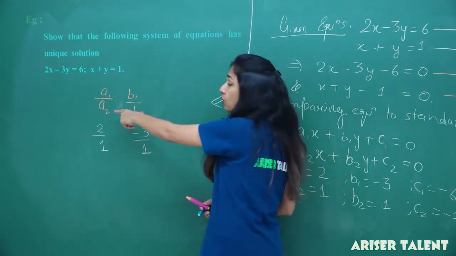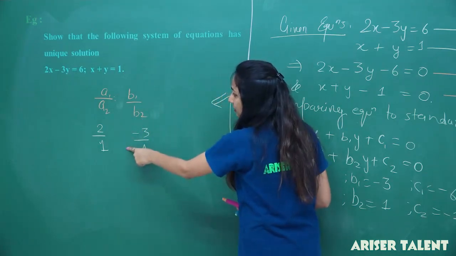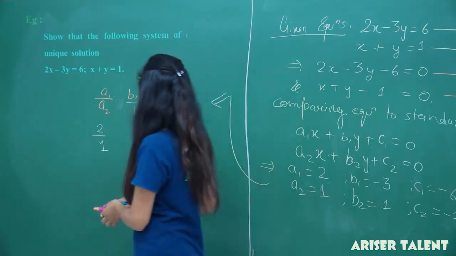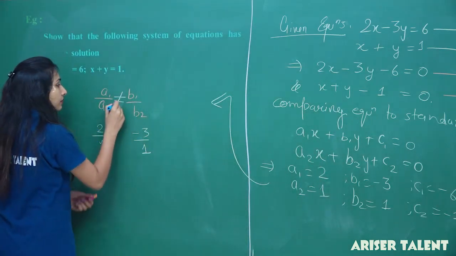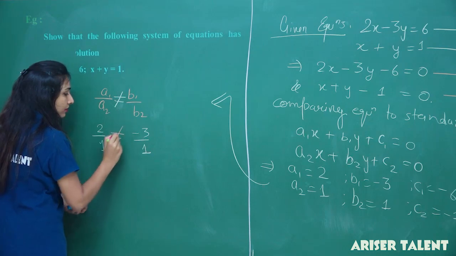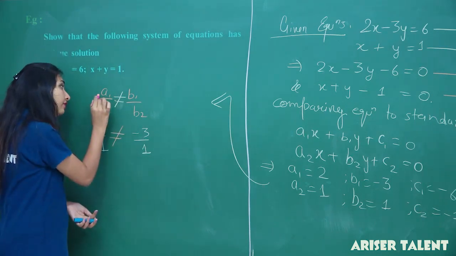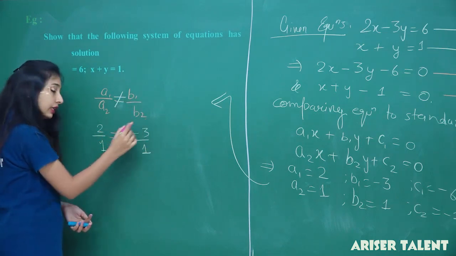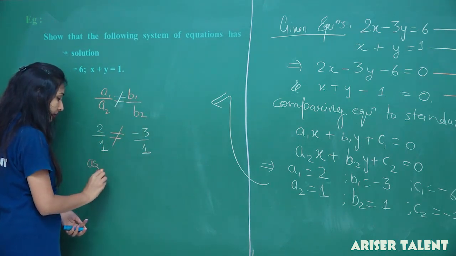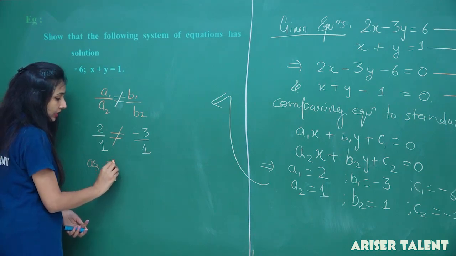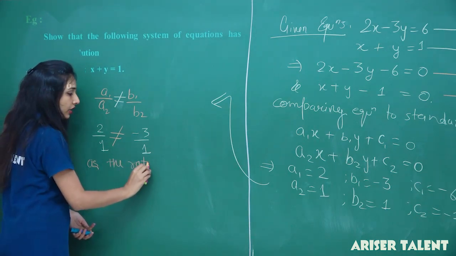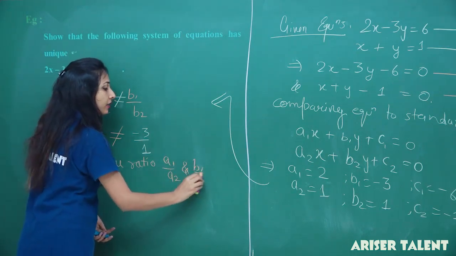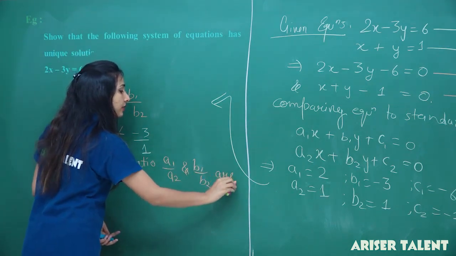But if these two are not equal, yes, 2 is not equal to minus 1 by 3. Now A1 by A2 is not equal to B1 by B2, as the ratios A1, A2 and B1, B2 are not equal.